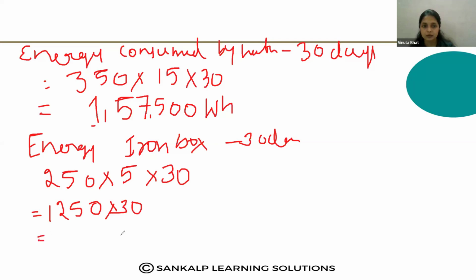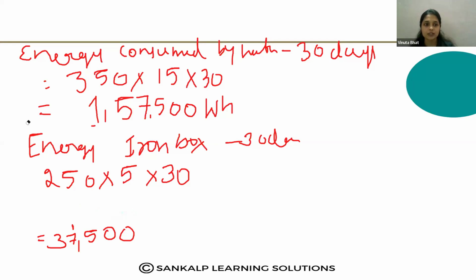That is equal to 37,500 watt hour. The total energy consumed by the iron box is 37,500 watt hour. So you have to add both.